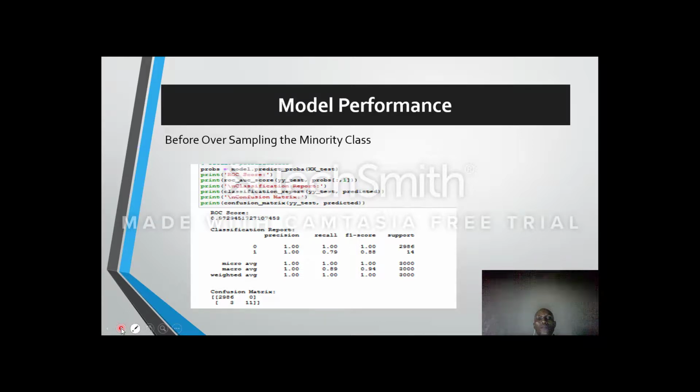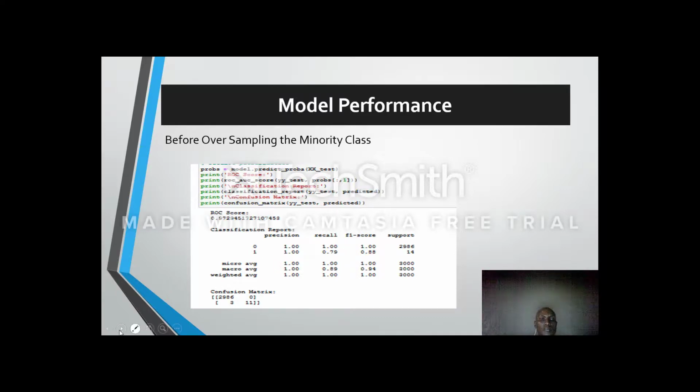That is for the non-fraud, because the data is tending towards that direction. Now let's look at what we have for the fraud target. Precision is telling us 100%, recall is telling us 0.79, and our F1 score is telling us 88%.